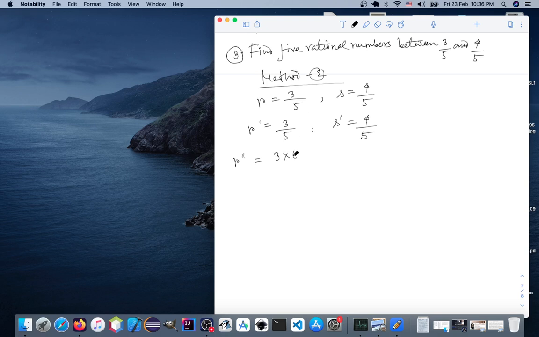So 3 into 6 over 5 into 6, and 4 into 6 over 5 into 6. This is 18 by 30, and this is 24 by 30.